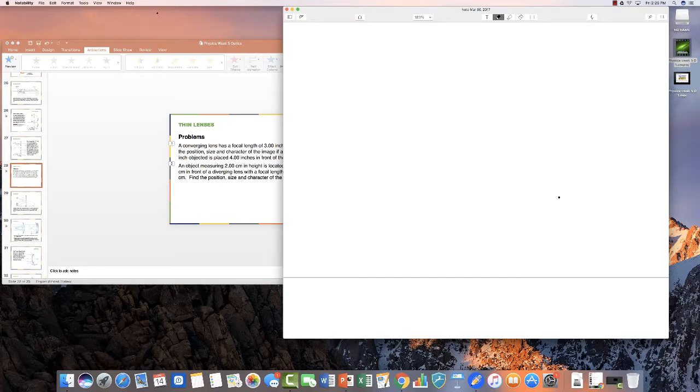The equation to answer this problem: 1 over d0 plus 1 over di is equal to 1 over f. So 1 over 4 plus 1 over di is equal to 1 over 3.